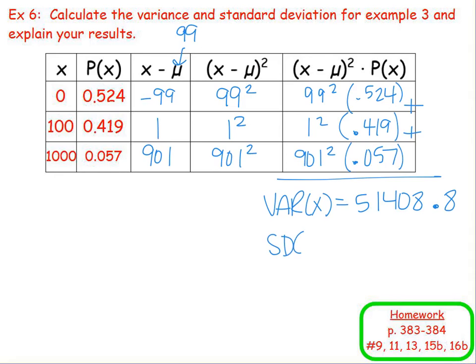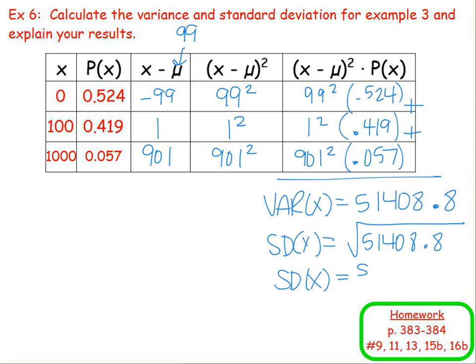To find our standard deviation, we're going to square root that 51,408.8. And I got a standard deviation of, rounded to 2 decimals, 226.74. This one has a bigger standard deviation because look at your x values.